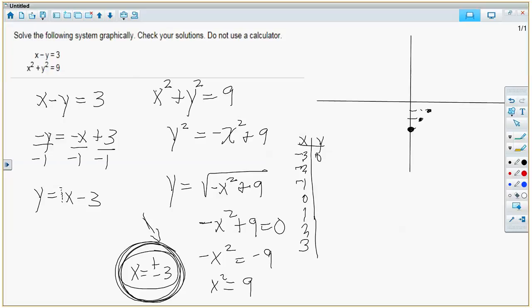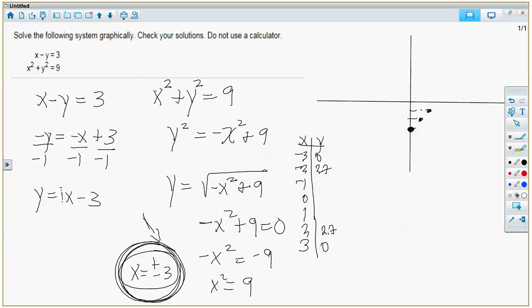So at positive and negative 3, you're going to get 0. Plug in -2: -2 squared is 4, -4 plus 9 is 5. The square root of 5 is, I have no idea, 2.2 or something like that. So you're going to have that value here and the same there.